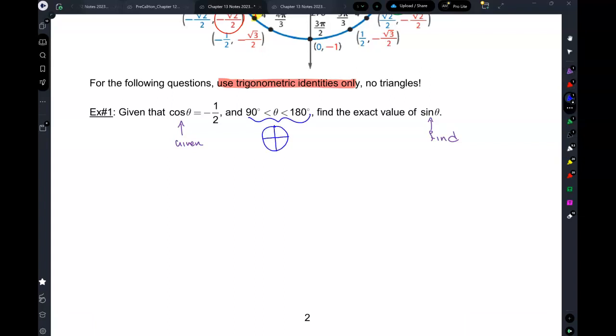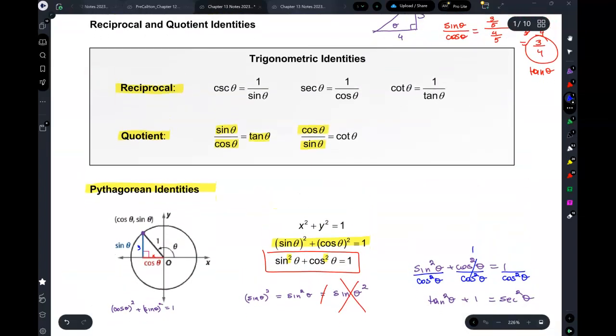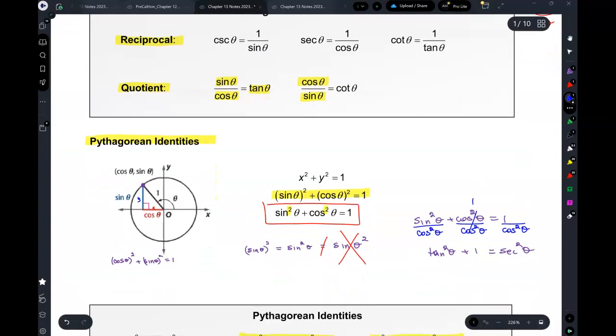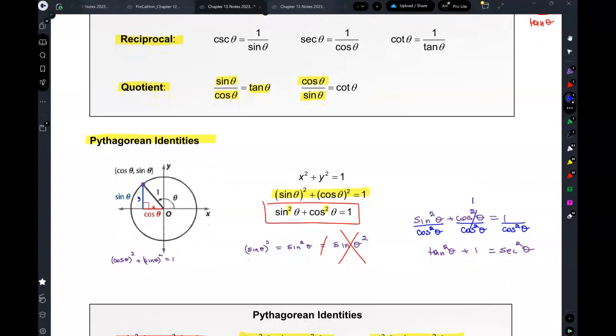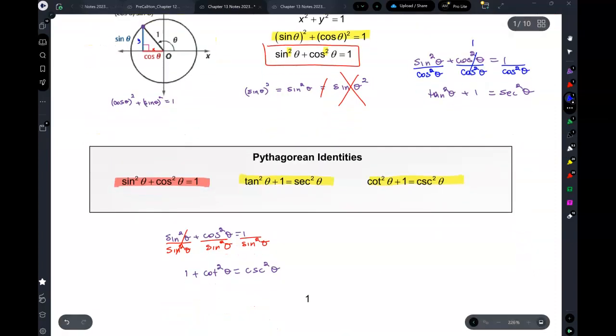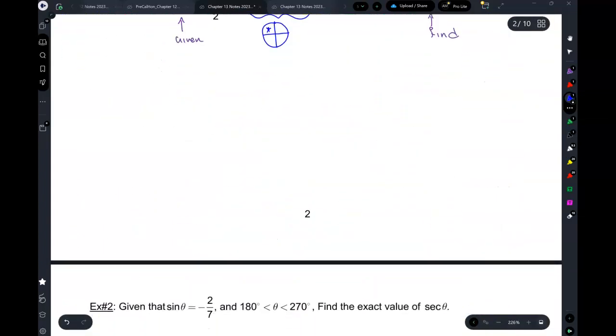That means what quadrant is my angle in? 2. Okay, good. So I have cosine, I need sine. I go to my list of identities. Which one combines sine and cosine? Nothing here. We just need sine and cosine, no other third party. This red one, the Pythagorean identity, is the one that combines sine and cosine. So that's what we're going to use.